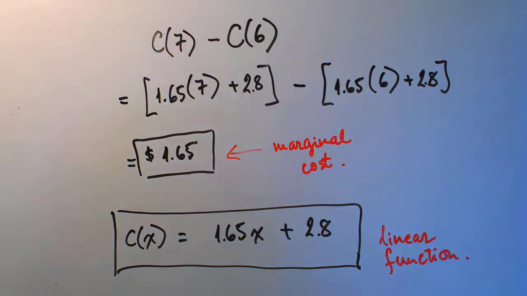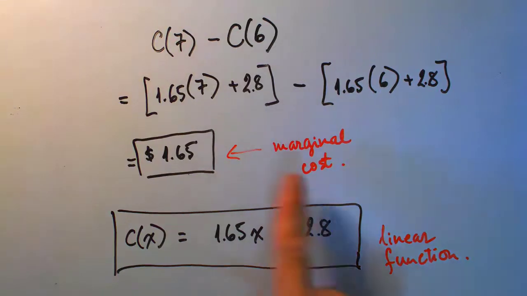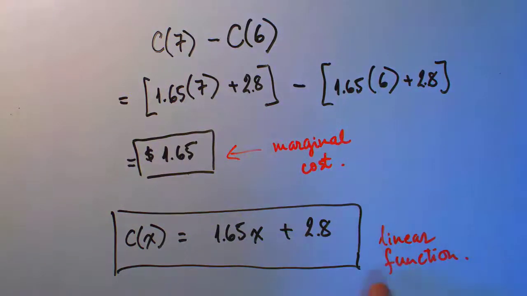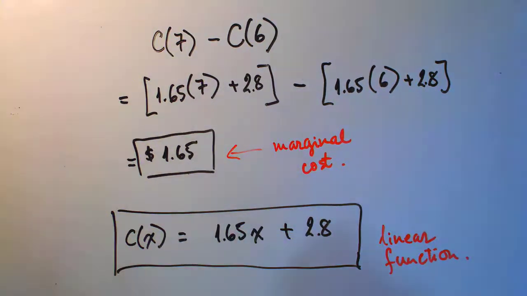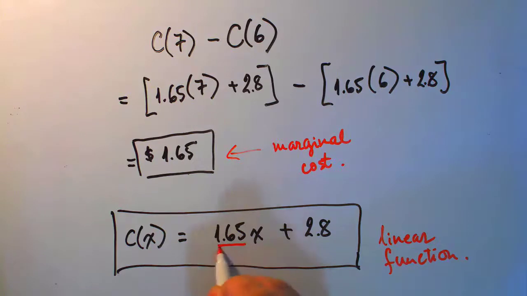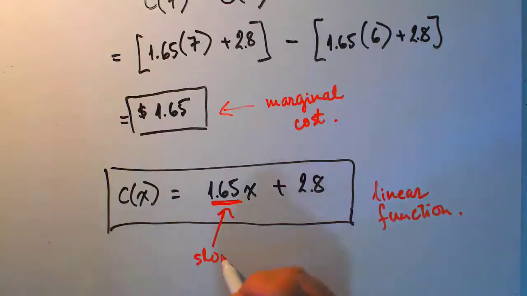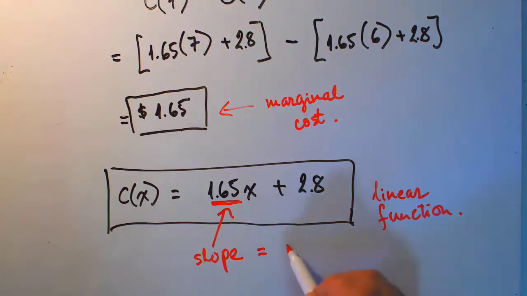And so when your cost function is a linear function, then the marginal cost is always the same as that slope value. This is the slope. And in our business application, slope equals the marginal cost.